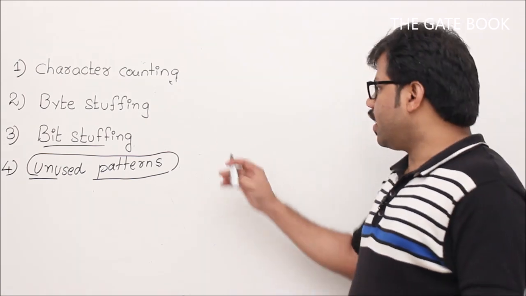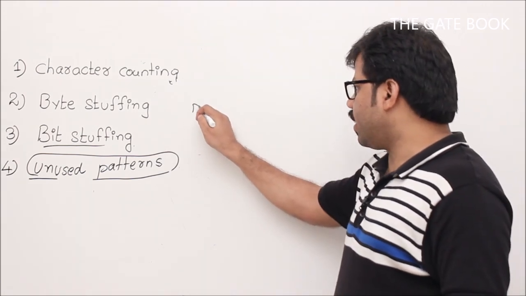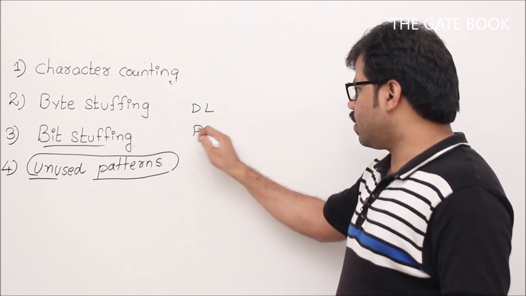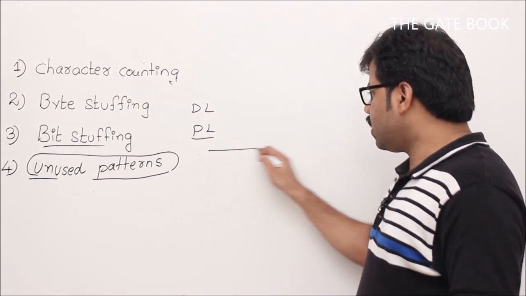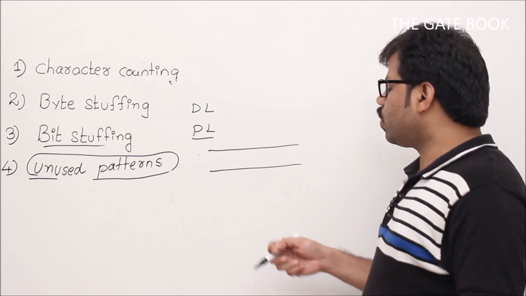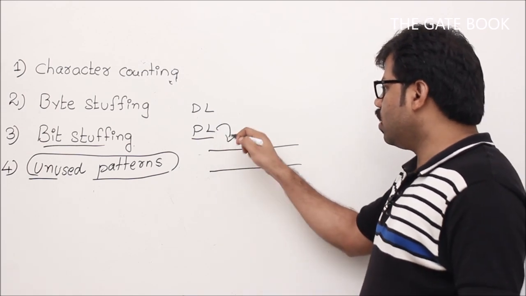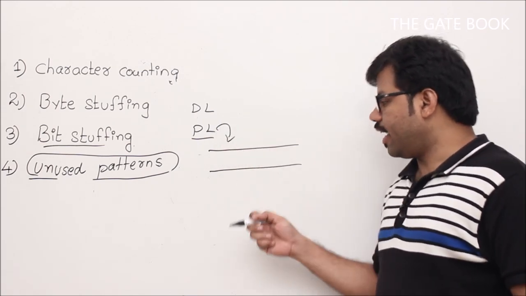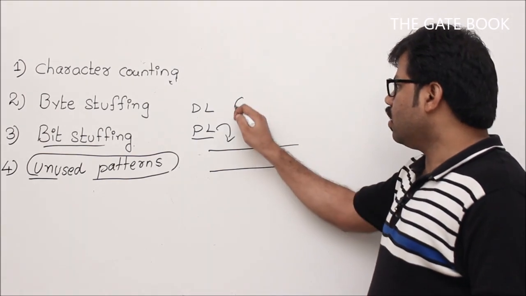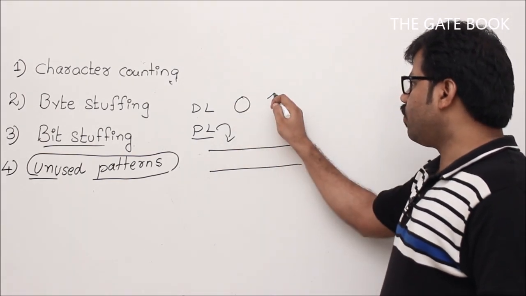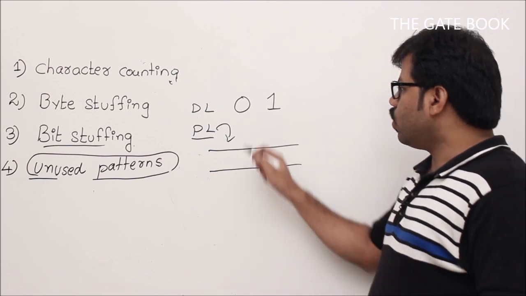Let's see that. Example, let's say this is your data link layer and this is your physical layer. Depending on the medium and the protocols, your physical layer sometimes uses some redundant encoding scheme. One simple example: let's say you have data items 0 and 1.